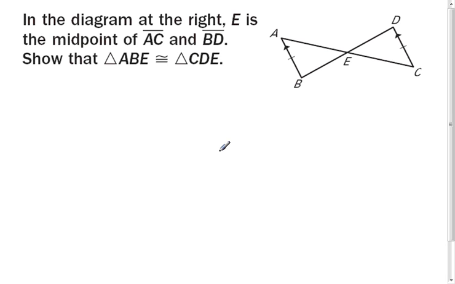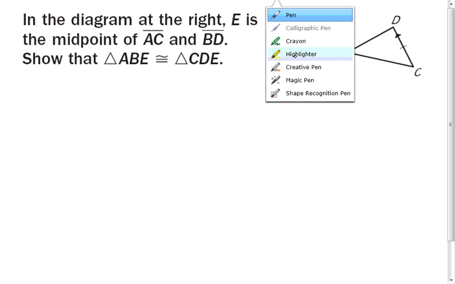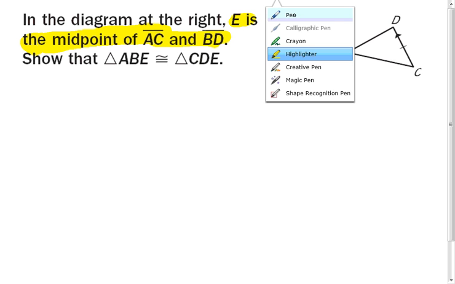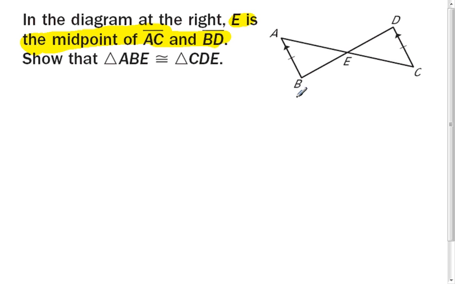Alright, so we have information. We always read the problem. Okay, E is the midpoint of AC and BD. Okay, let's go back to this. So that means if E is the midpoint of AC, then AE, let's write that down, AE has to be congruent to EC.